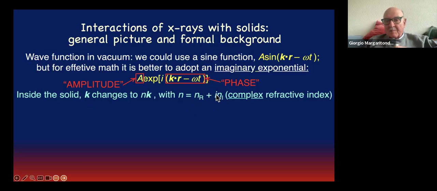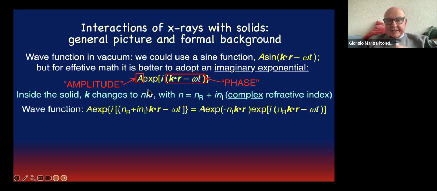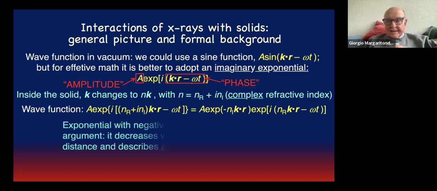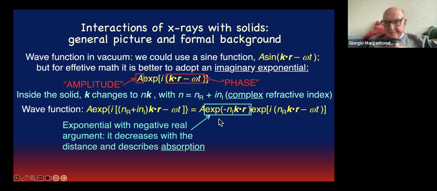So let's plug this complex quantity into this exponent, and then we can see that we have actually two aspects. First of all, there is this factor A multiplied by the exponential of the imaginary part of the refractive index times k times r. Now, this is no longer an imaginary exponent, so it's not an oscillating function, but it is a decreasing exponential function because there is a minus factor here.